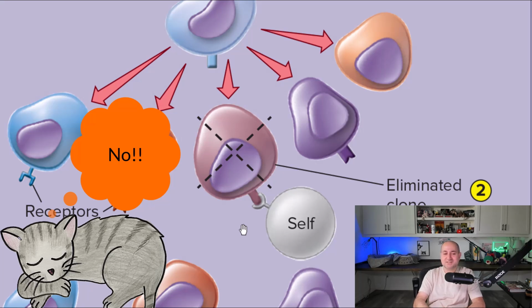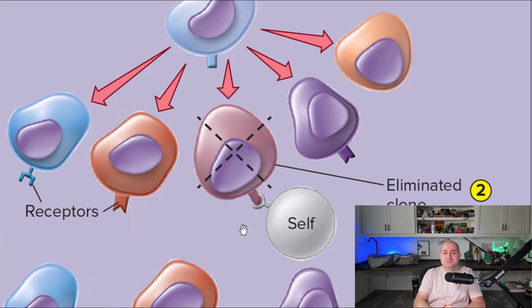That's not good. Because if you're making B cells and T cells, and each one's getting a different key, and that key is what it's going to recognize and try to attack, well, you don't want that key to recognize your own self. In fact, that can happen, by the way.